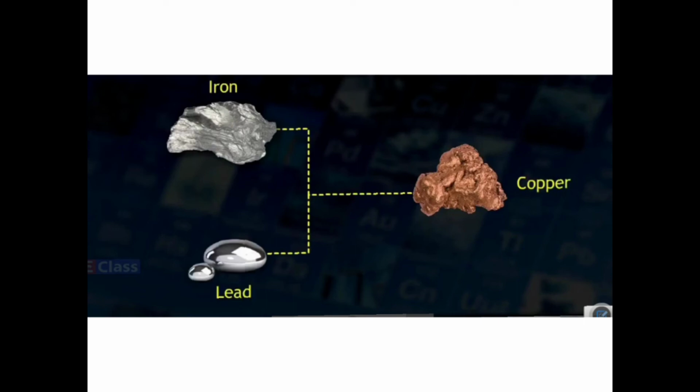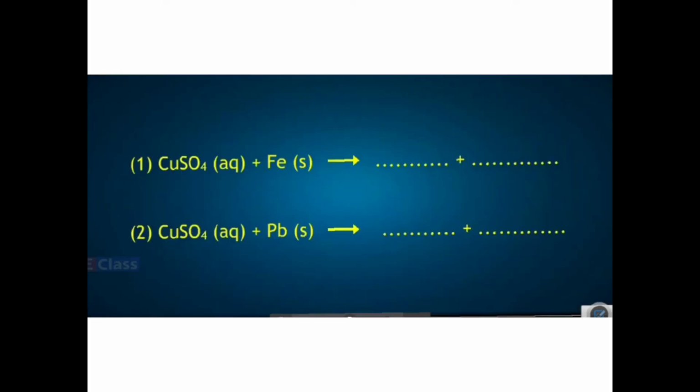Now copper being less reactive, the iron can displace copper, and even the lead can also displace copper. Any less reactive element can be displaced by the highly reactive element.